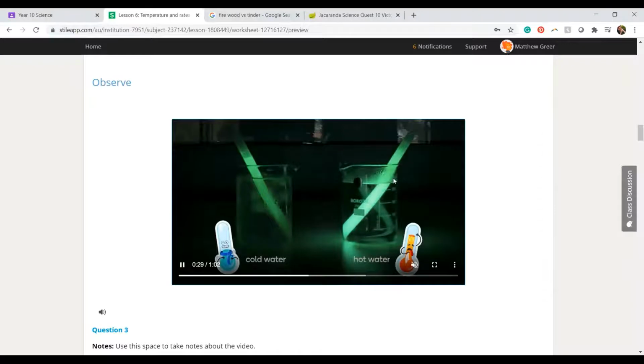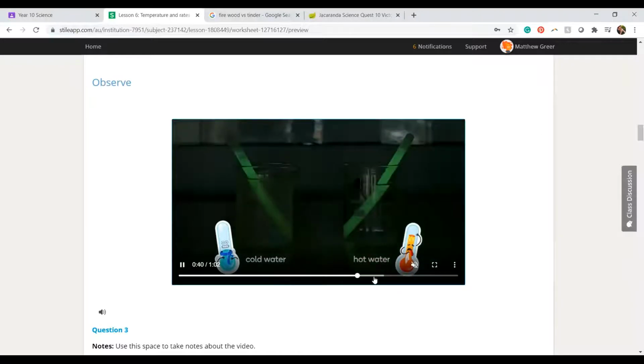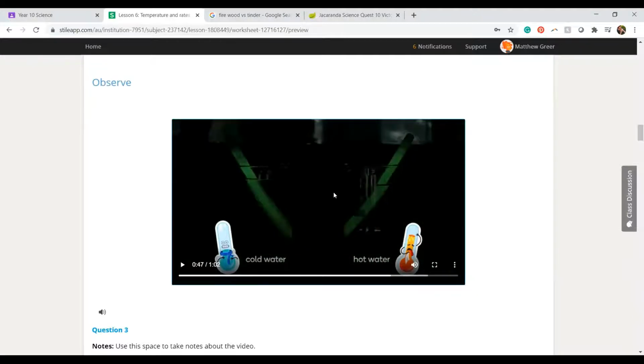So this reacts quickly, emits a lot of light, but then as time goes on, you can see that the hot one has reacted really quickly and now it's finished the reaction. There's nothing left. It's not glowing as much, whereas the cold one is still glowing a lot.